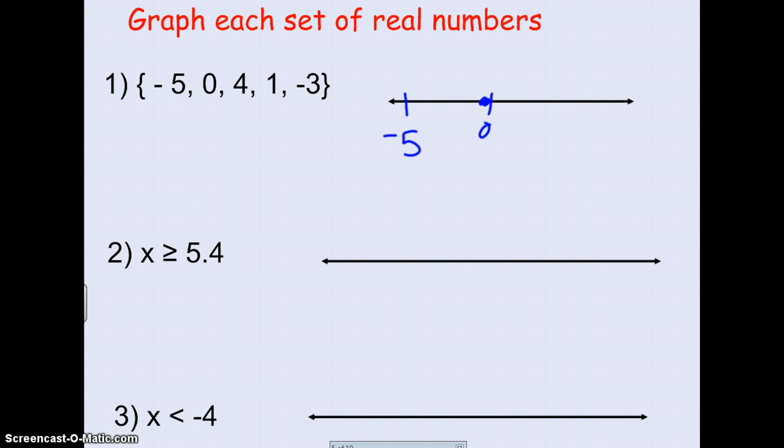We have negative 5, which would go here. I have 1, and again, I'm not using a ruler, so these are not as accurate as I would like them to be. Out here we have 3, and then negative 3.